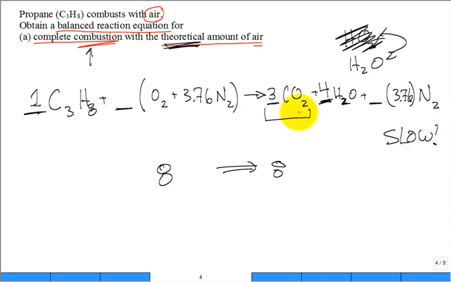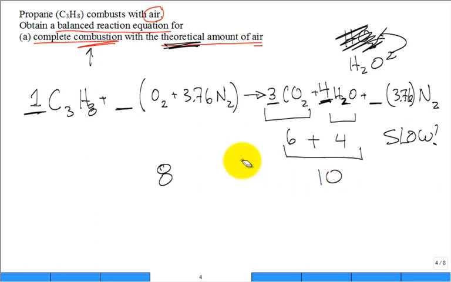So just how many oxygen with the CO2? 6. How many of the oxygen with the H2O? Right there is tricky. Some people write 3 plus 4. Did they make an error? Yeah, they made an error. So we add those together. 10. True?